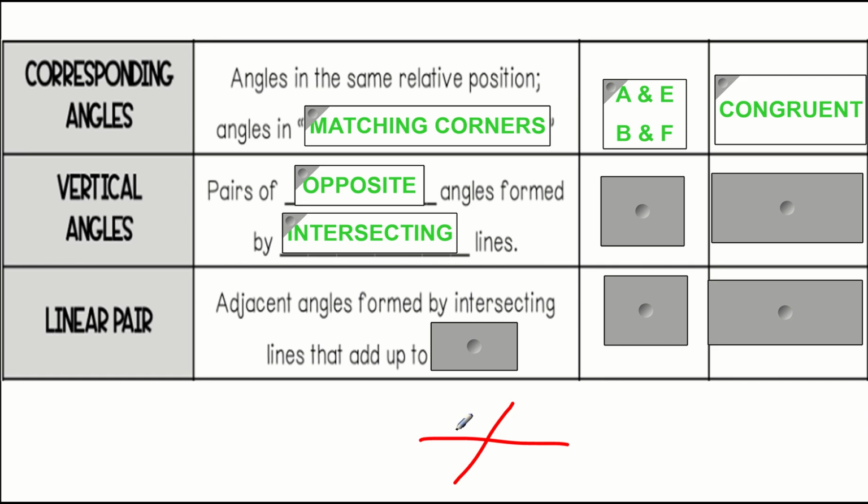So opposite angles means if I have angle A, we got B was here, D, angles A and D are vertical angles. They're across from each other on the X. That makes sense? So we got A and D, F and G. We could also say B and C, and E and H. Like I said, I didn't list all the angles each time that match these. And they are also congruent. They're the same.